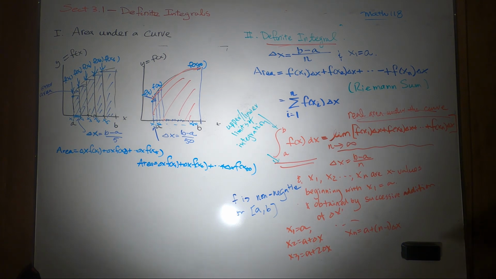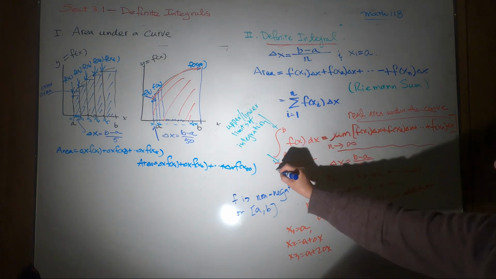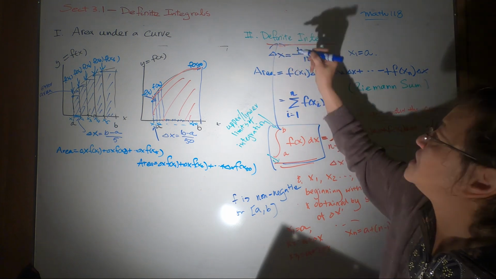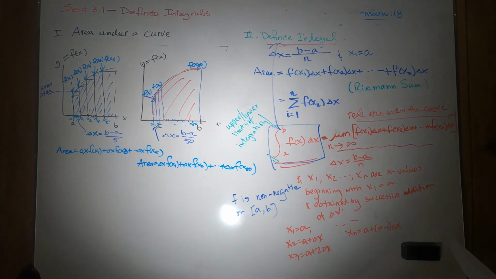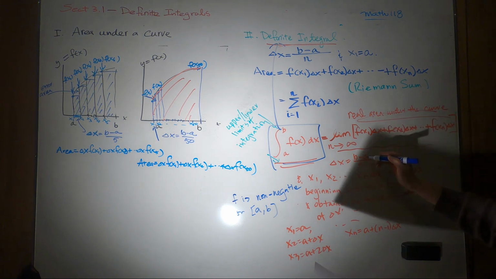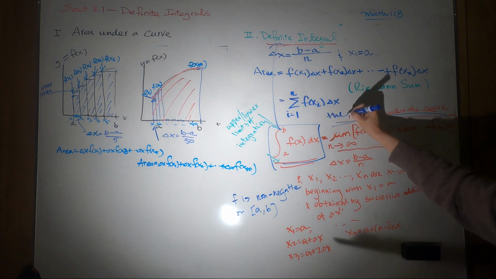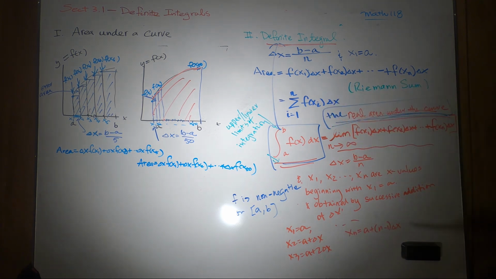So the definite integral, this symbol, what is it? It's the definite integral. It's the same thing as the area under the curve from a to b.